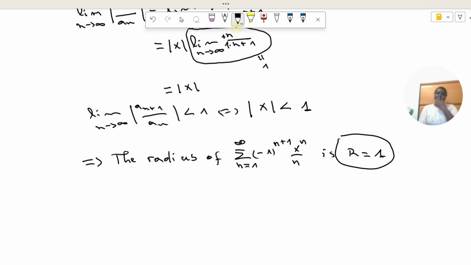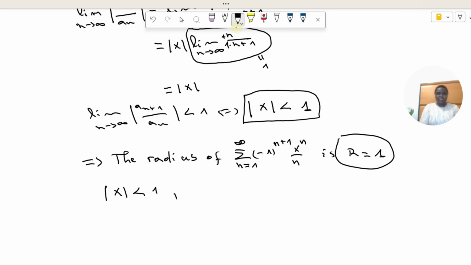So how do we know now the interval of convergence? To know the interval of convergence, we have to study the convergence of this. We have the absolute value of x is less than 1.